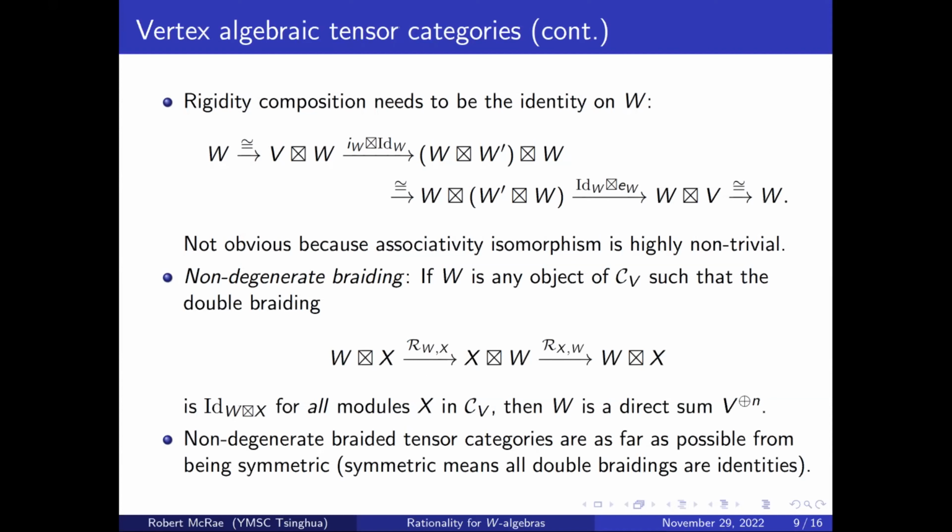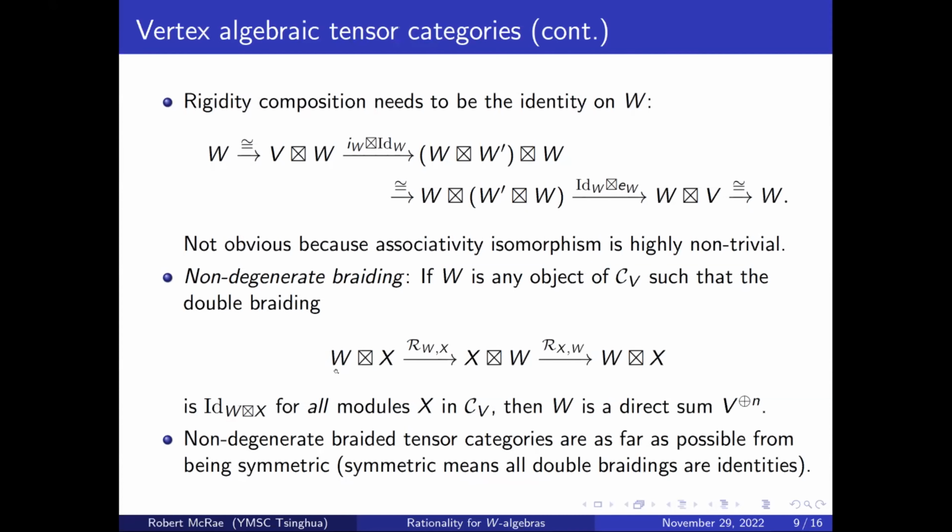But the braiding is non-degenerate if this category is as far as possible from being symmetric. So that means this double braiding should very rarely be the identity.